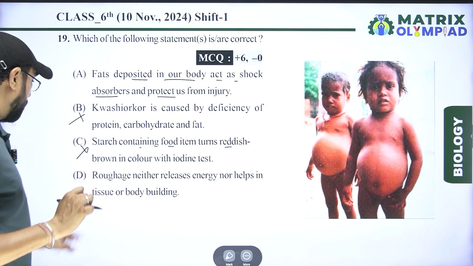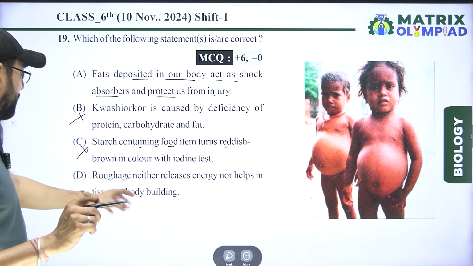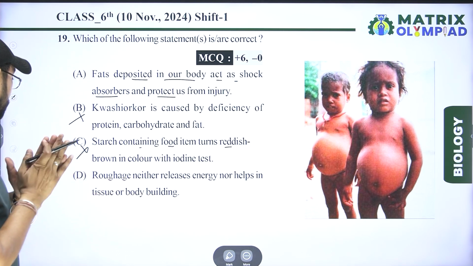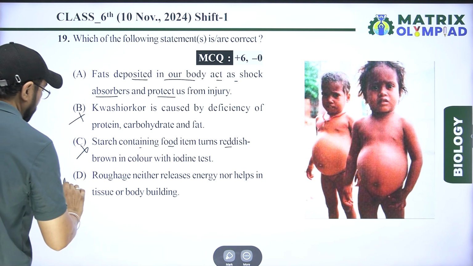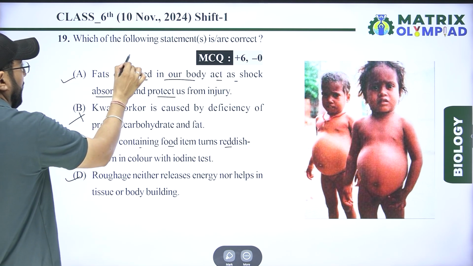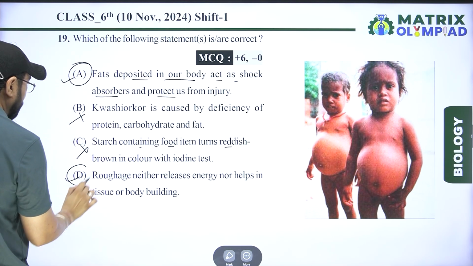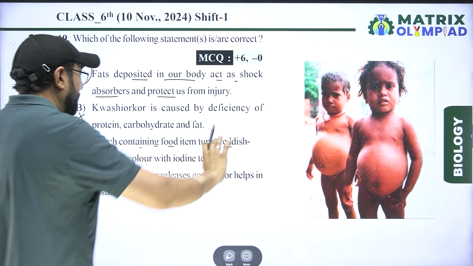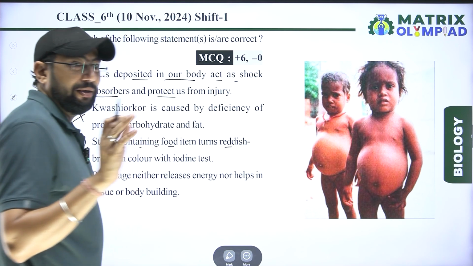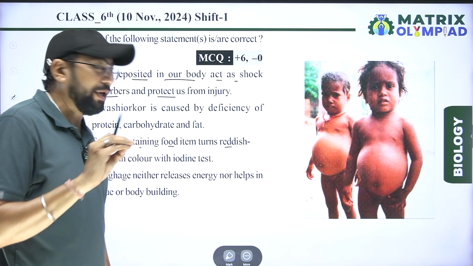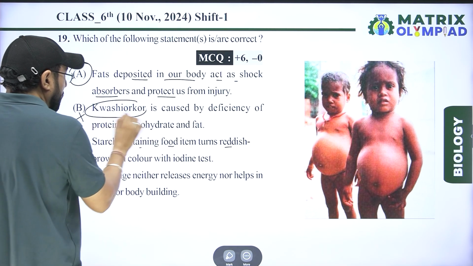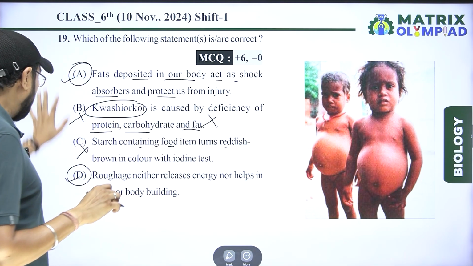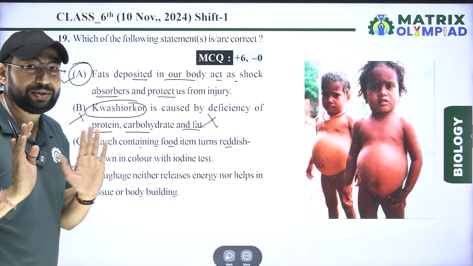No. Roughage neither releases energy nor helps in tissue or body building. Yes. A and D is right for this statement and B and C is wrong, because these are different kinds of deficiency, protein and carbohydrate. But Kwashiorkor in this statement shows protein, carbohydrate, fat, so wrong statement. So A and D is right for this question.